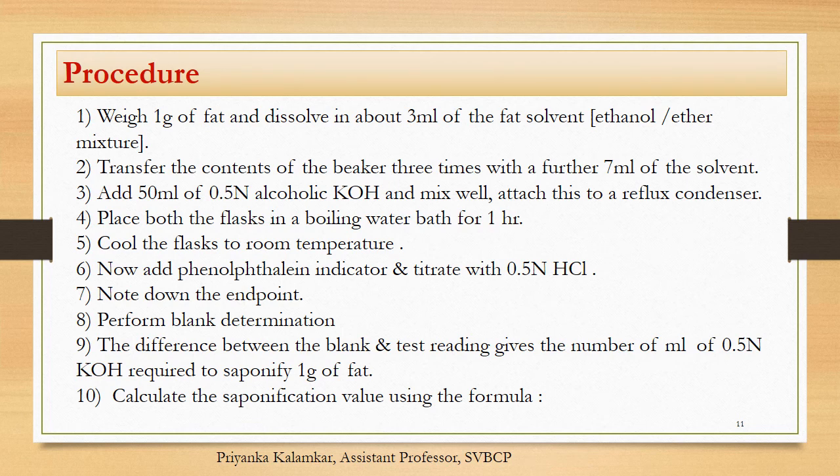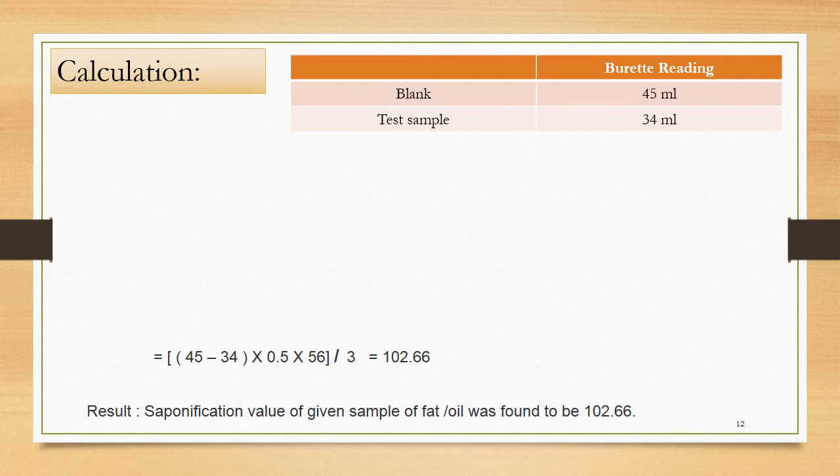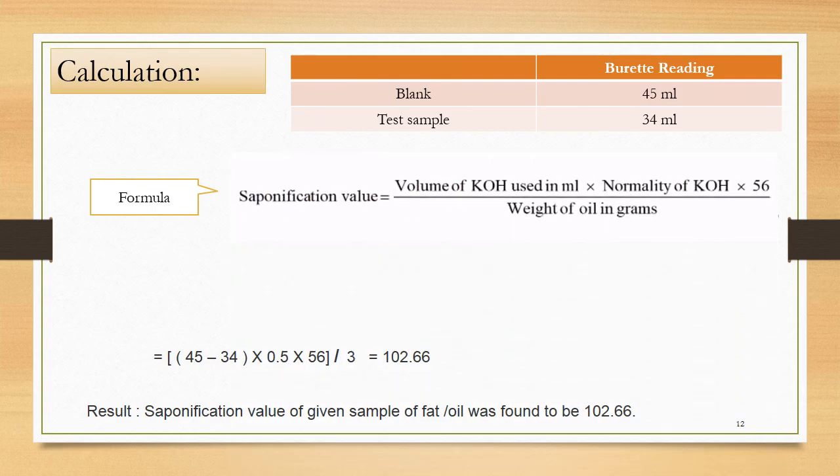This is the same procedure which I have already shown you through the images. Now, how to proceed for the calculation? You first note down the burette readings. Consider the blank reading you have obtained is 45 ml and the test sample reading is 34 ml. The formula you are going to use is for saponification value, which we have already discussed.